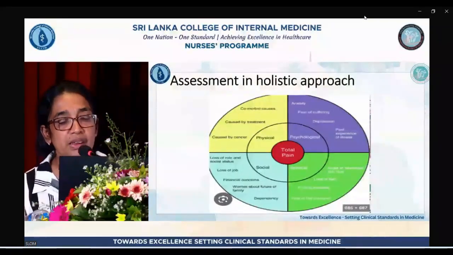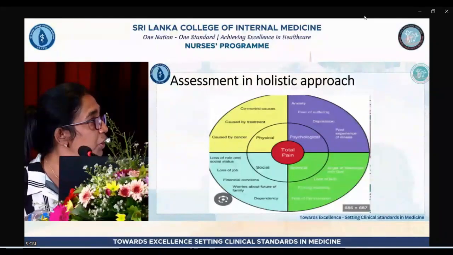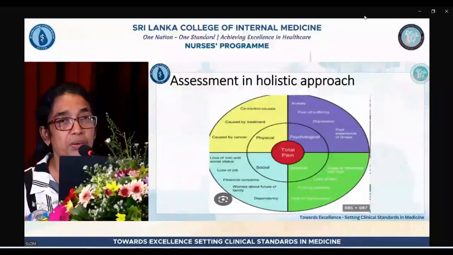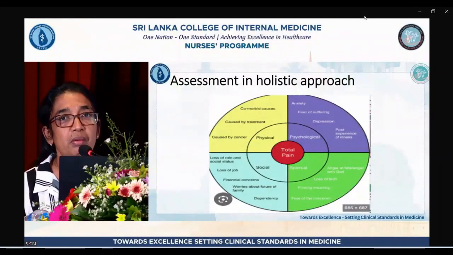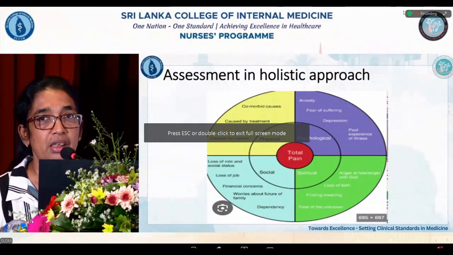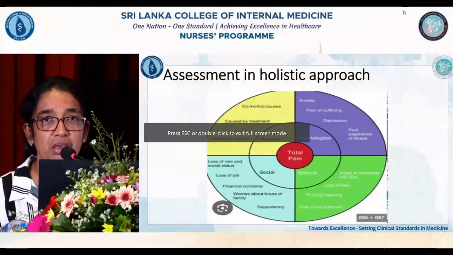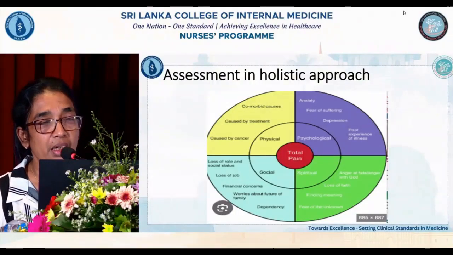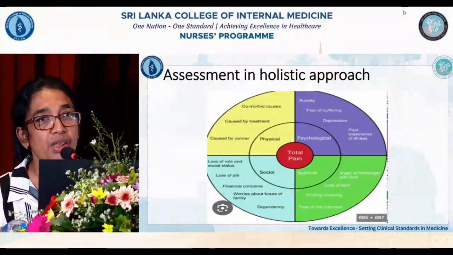So what is the holistic approach? As I said, that is your emotional, spiritual, social, and psychological components, because the patient's pain is modified by those factors, especially the emotional things. Depression and pain go hand in hand, so you have to identify those things.